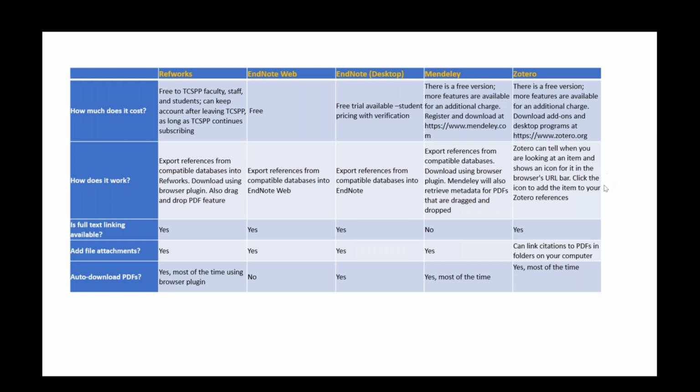So they all basically work the same way. You can export references from different sources, like the library databases, Google Scholar, the web. There are a few differences between the tools. For example, Mendeley will retrieve metadata for PDFs that are dragged and dropped into the database.